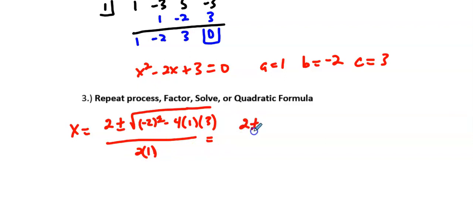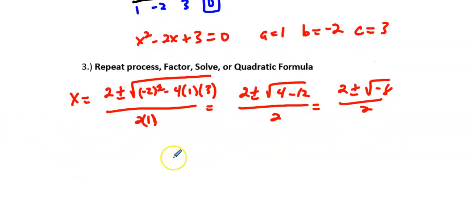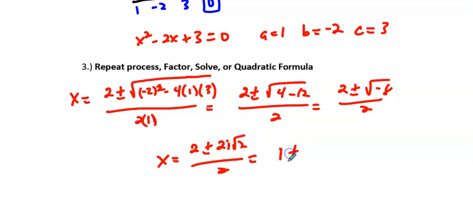So positive 2 plus or minus the square root of 4 minus 12, all over 2, or 2 plus or minus the square root of negative 8 over 2. So 2 plus or minus 2i square root of 2 over 2, which is 1 plus or minus i square root of 2.